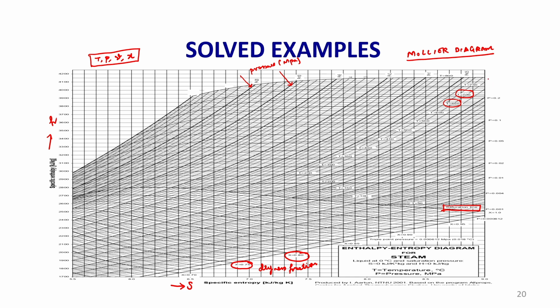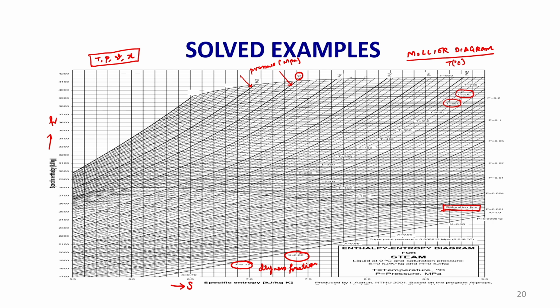Suppose 100 bar is 10 megapascal. When we multiply megapascal by 10, we will get bar; divide bar by 10, we will get megapascal. So, 100 bar is 10 megapascal.